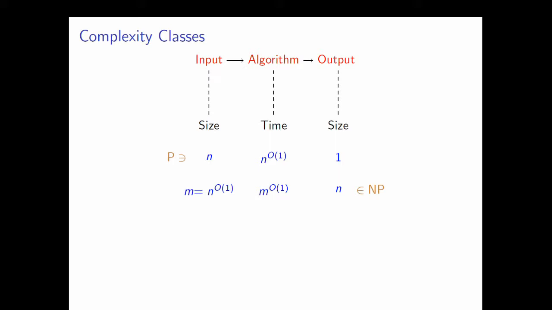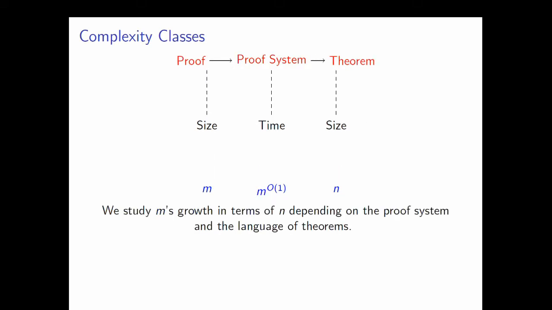And so we can reword our framework here. We can think of it as we've got a theorem and we want to prove it. So we've got a proof that runs through a proof checker, which we call a proof system, and outputs the theorem, or tells us that it's not a proof.